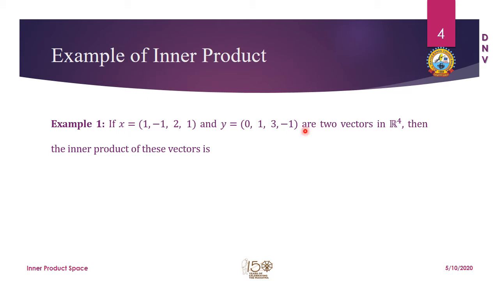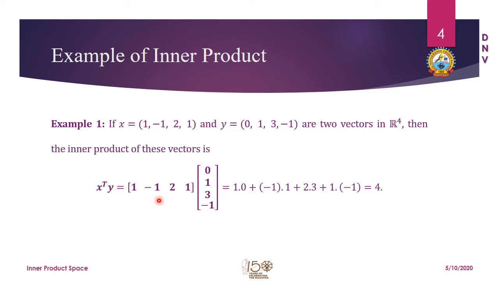I have taken these two vectors in parenthesis form separated by commas. The components are 1, minus 1, 2, 1 and 0, 1, 3, minus 1. These are 4 in number, so these are vectors in R4. Then their inner product is defined by this type of matrix multiplication. This is a row vector and this is a column vector, so it is a 1 by 4 matrix multiplied by a 4 by 1 matrix.